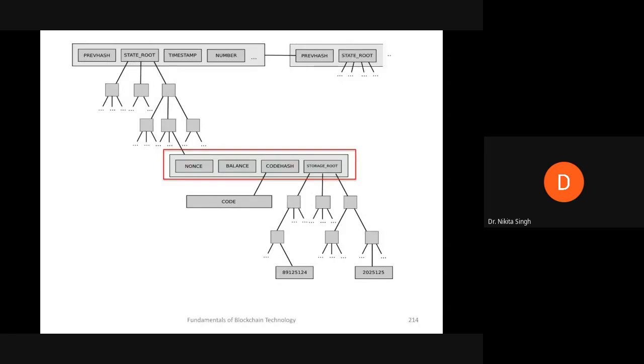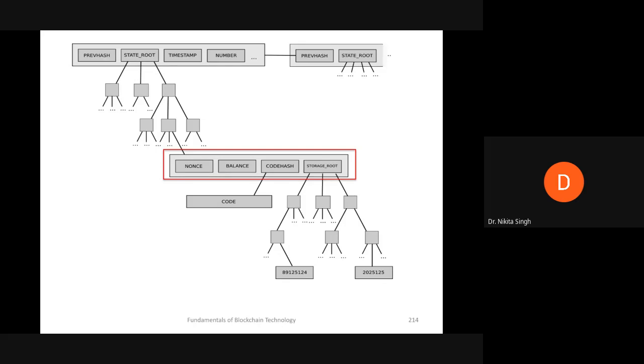So the first that we will be talking about is the state root. So what exactly do we mean by state root? This is a very difficult concept, but I'll try to summarize it as easily as possible.